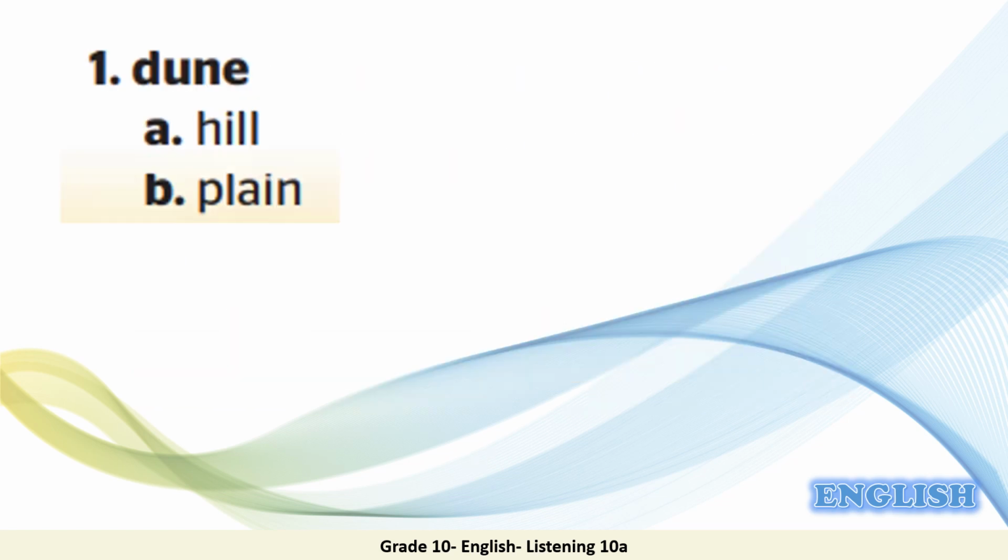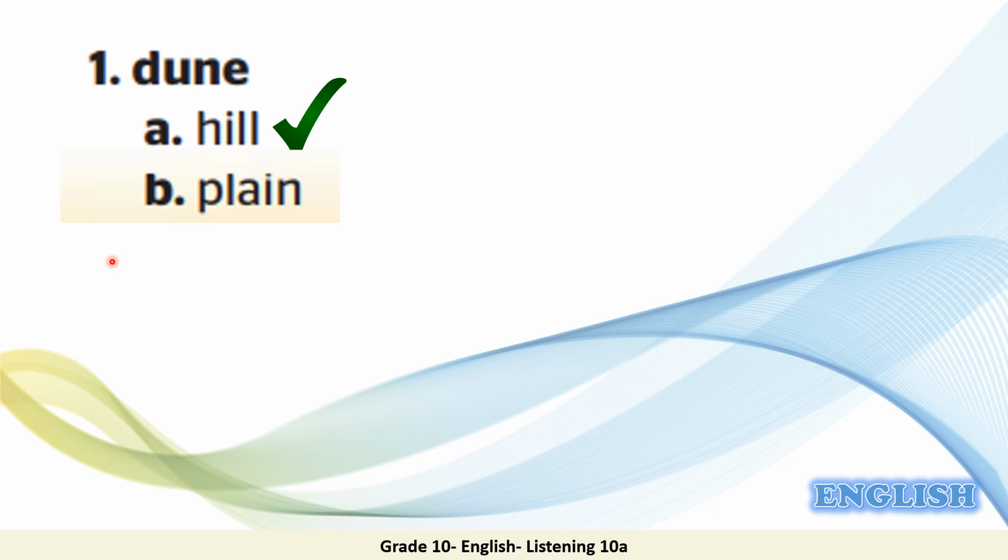Now let's look at the words one by one, starting with dune. Does it mean hill or plain? Pause and make a choice. And the answer is hill. Well done, everyone.